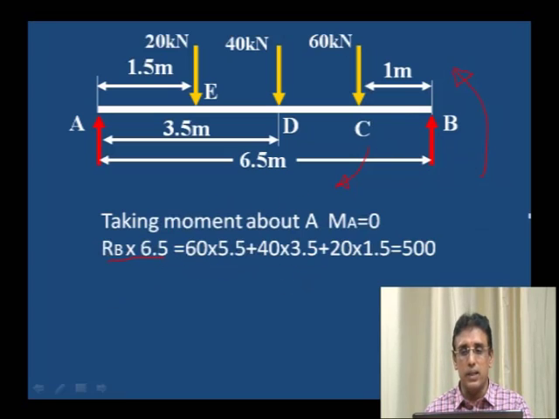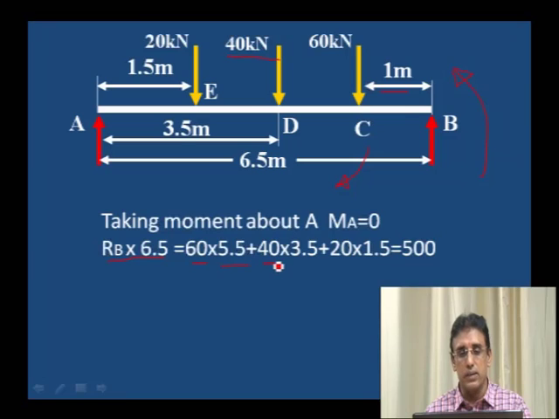Now RB into 6.5 is equal to 60 into distance from A to C. What is the distance from A to C? 6.5 minus 1 is 5.5. 60 into 5.5.